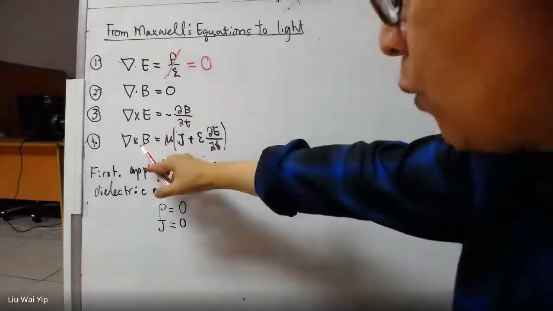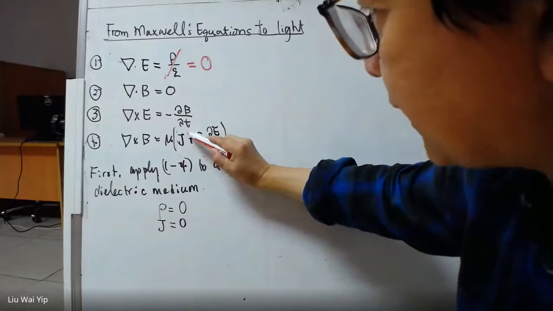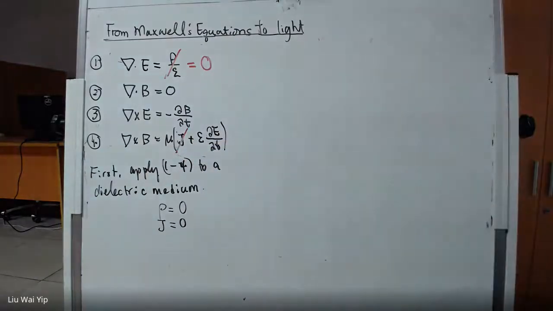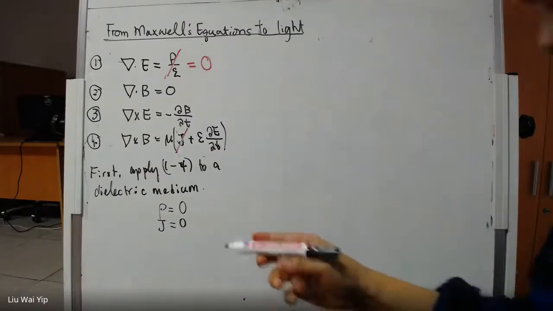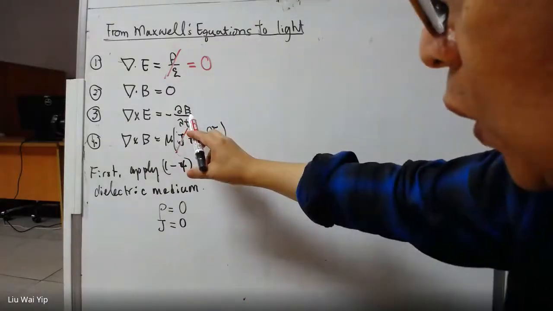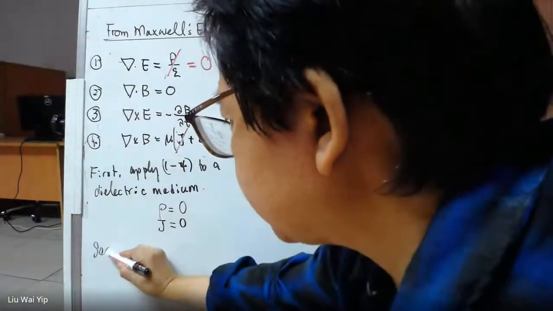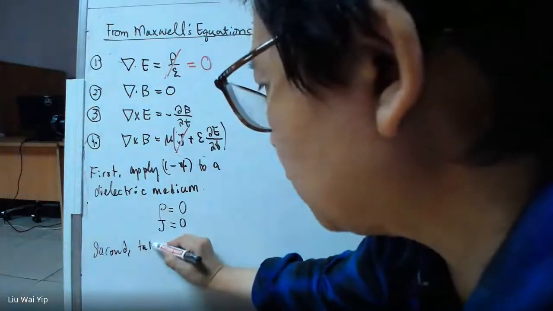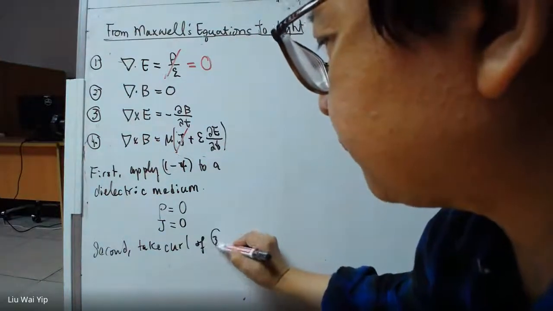And in equation 4, the J term on the right-hand side should be 0, because this is what we have assumed. Now the second step is to take the curl of equation 3.